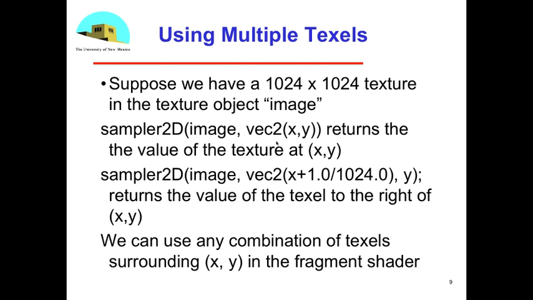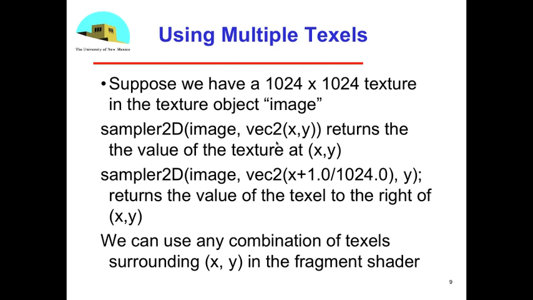Now, what happens if I change the X or the Y, or change both of them? Well, if I shift the X over by 1/1024th, that's 1 pixel distance, and now I have the value of the texel to the right of the particular texel that generated that fragment. In fact, we're not going to use this, but there are variables available to you within the fragment shader that allow you to obtain the location of the XY that generated that fragment.